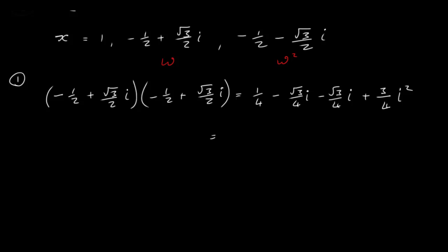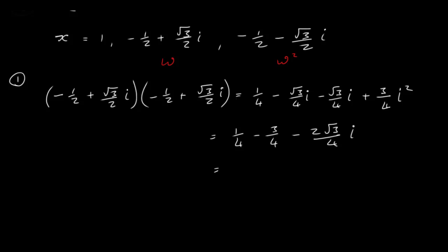So let's tidy that up. We've got a quarter here. I'm just going to do this one here because this is actually a real number, because i squared is minus 1, and minus 1 times 3 over 4 is minus 3 over 4. These two here, we've got minus root 3 over 4, minus root 3 over 4, that's minus 2 root 3 over 4i.